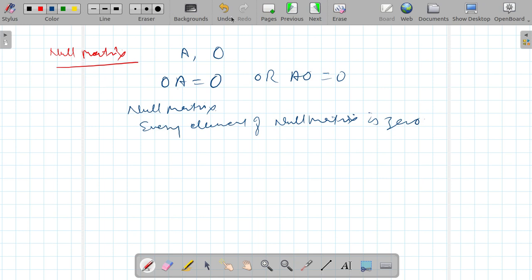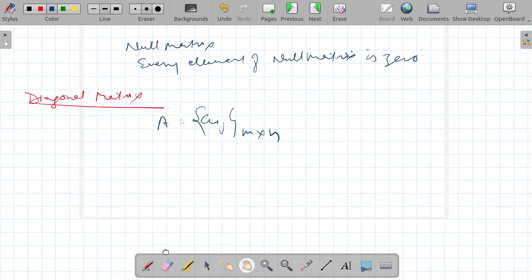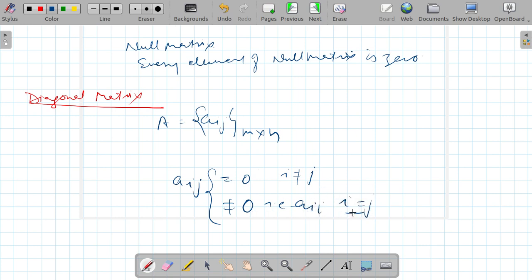Then let us talk about the diagonal matrix. A diagonal matrix is defined as follows. A matrix can be a diagonal matrix if A_ij is equal to 0 if i is not equal to j, or non-zero, meaning A_ii, when i is equal to j.